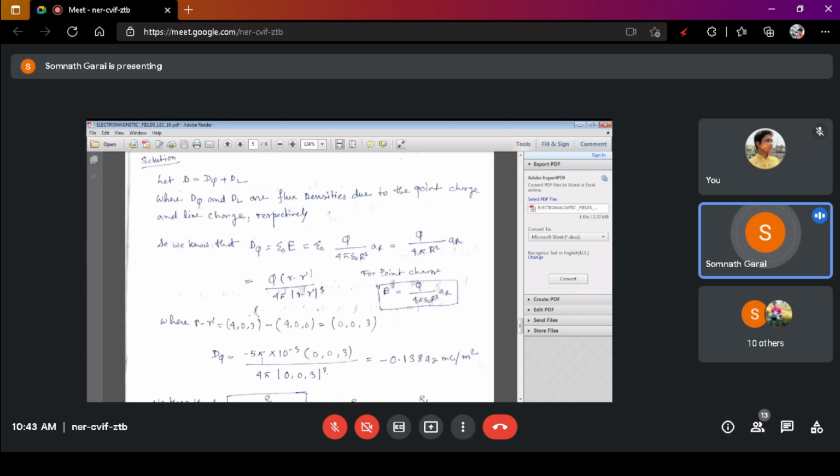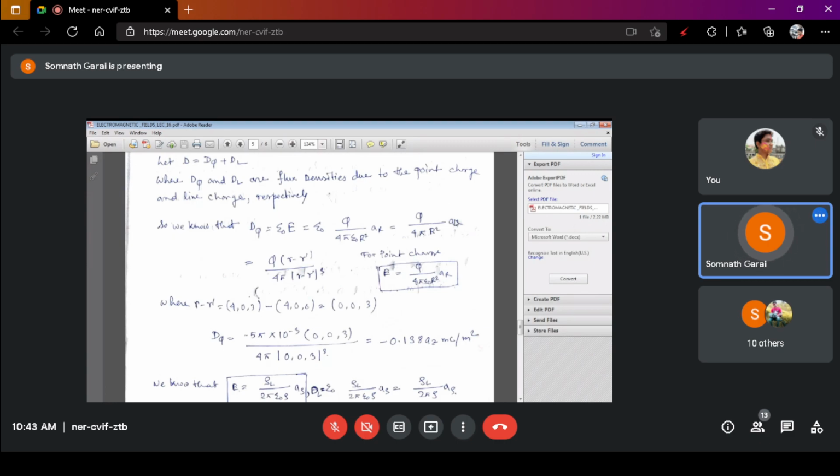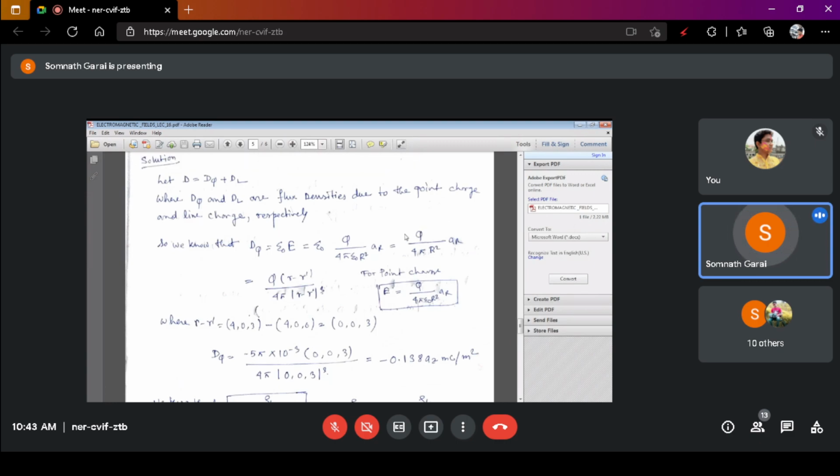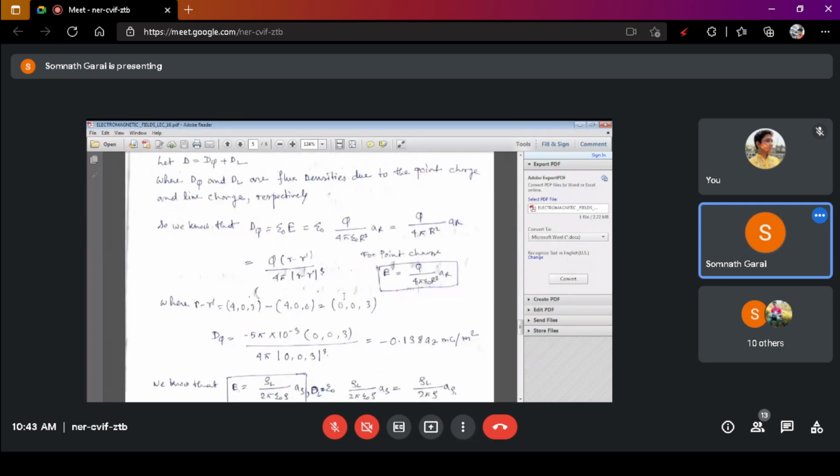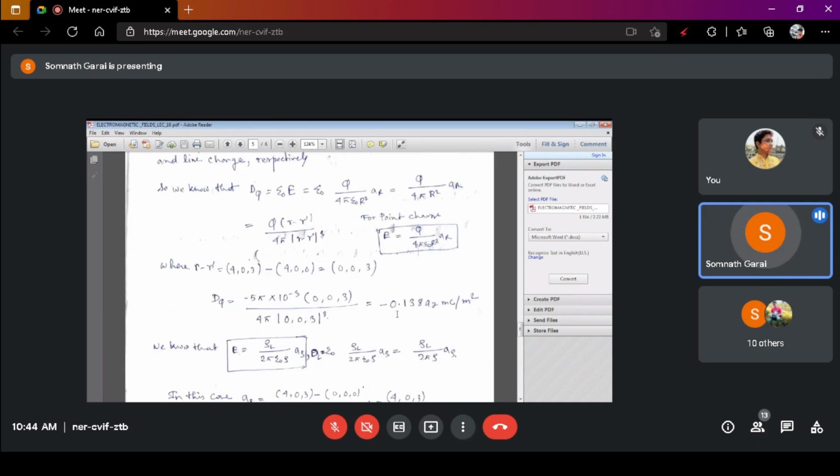Now if we calculate D_Q with this formula, Q is equal to our charge that is minus 5 pi millicoulomb, right? Put the value minus 5 pi into 10 to the power minus 3 divided by 4 pi into the cube of mod of r minus r dot, times 0, 0, 3. If we calculate it, then we get this expression.